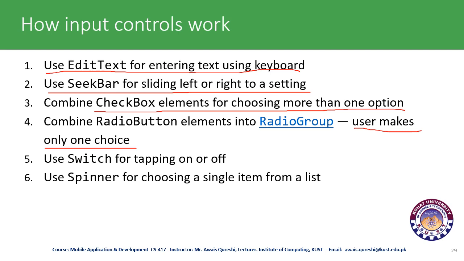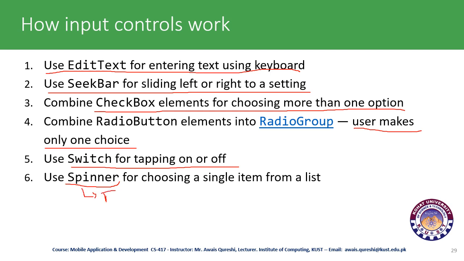And we can use the switch for tapping on and off. There are multiple scenarios where you can use the switch control, and we can use the spinner for choosing a single item from a list. Spinner is a name used in Android applications, otherwise we call it a drop down menu. Spinner is a drop down menu. Let me write this so that you can remember it.